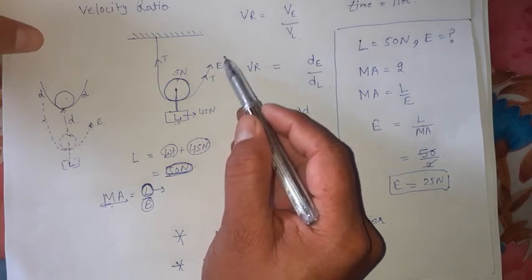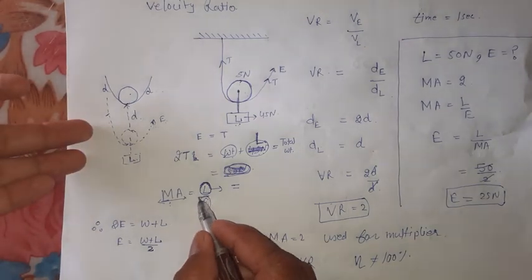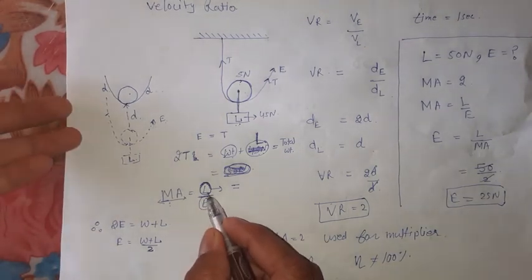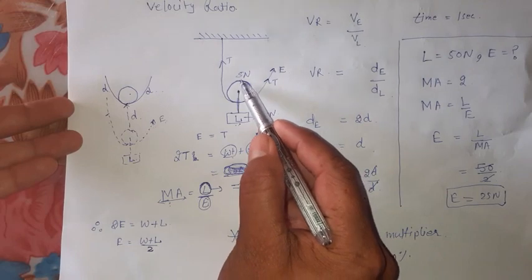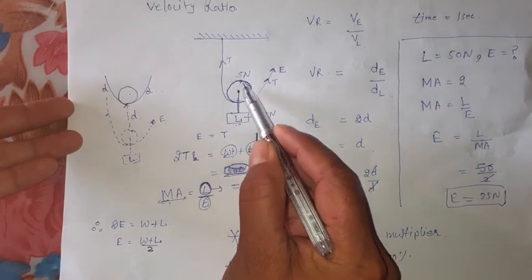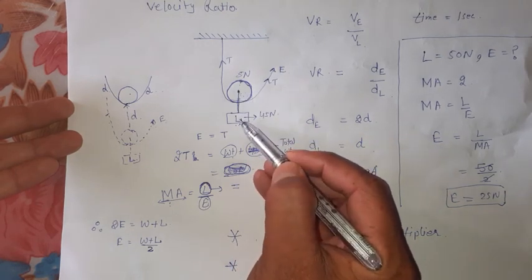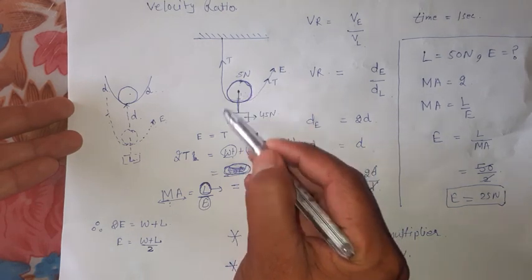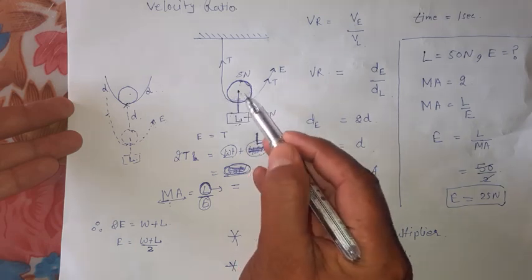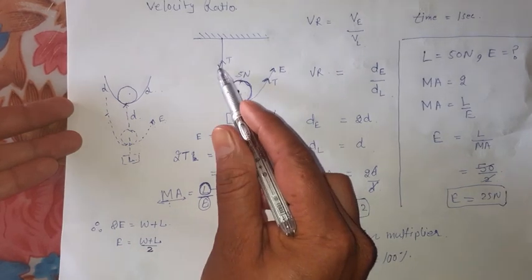Here, the mechanical advantage is given by load to effort. And if there is a weight of this pulley, what will happen is that the weight of the pulley and this load together make the total weight increase, and this will be balanced by the tension in the string.